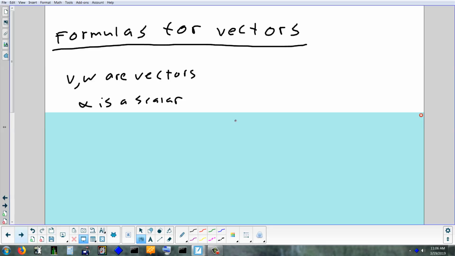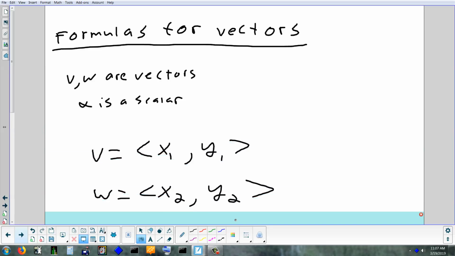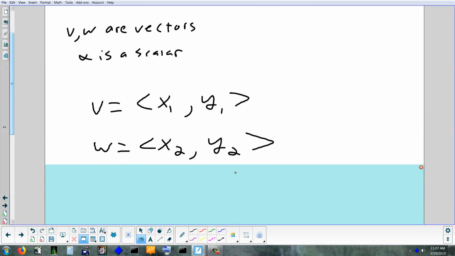So we're going to go over everything we did yesterday, but now I'm going to show you how to do it without drawing. Okay, here's your two vectors. Vector v has a horizontal and a vertical component of x1 and y1 respectively. In vector w, it's got a horizontal component of x2 and a vertical of y2.